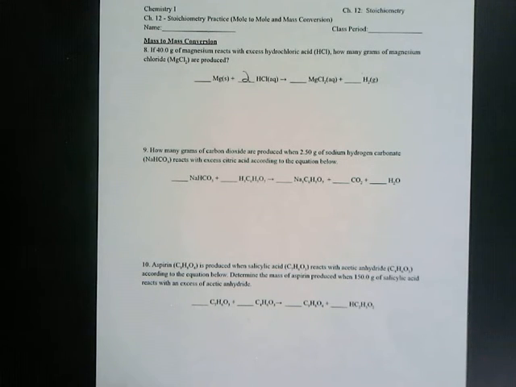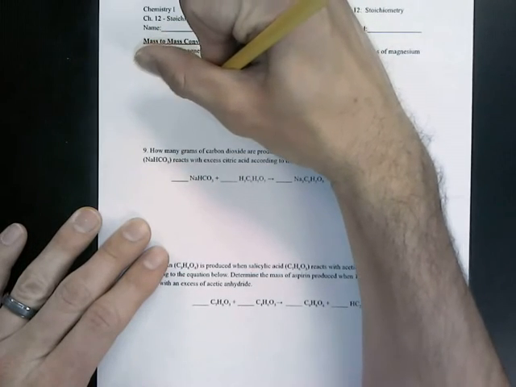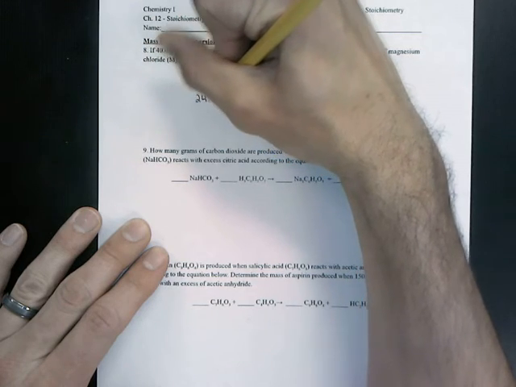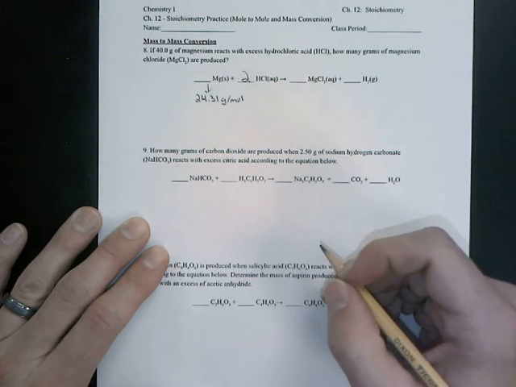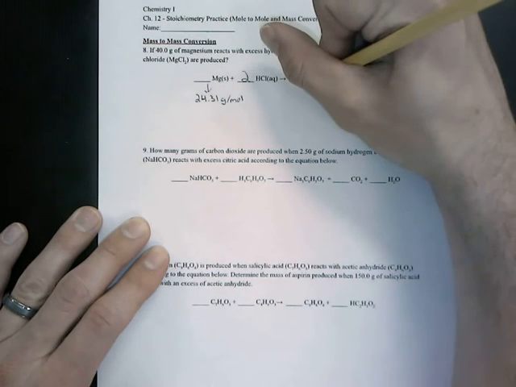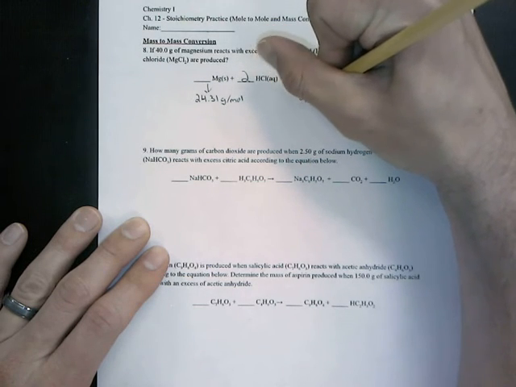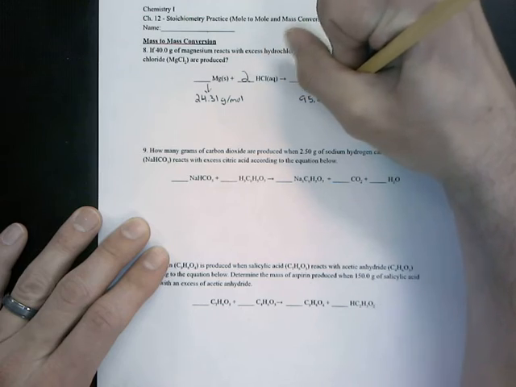So what we do here is this. We need the molar mass of not only magnesium, but also magnesium chloride. Now I went ahead and I looked these values up, and the value for magnesium in terms of the molar mass is 24.31 grams per mole. And for magnesium chloride, the molar mass is 95.21 grams per mole.